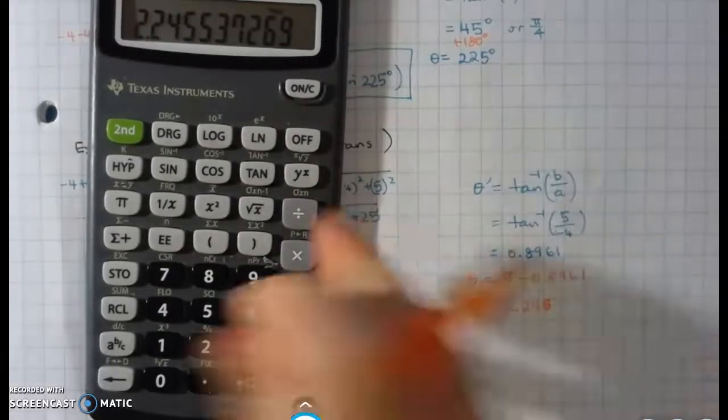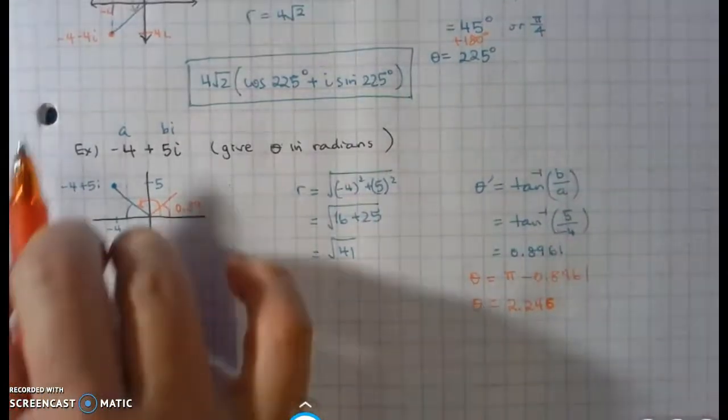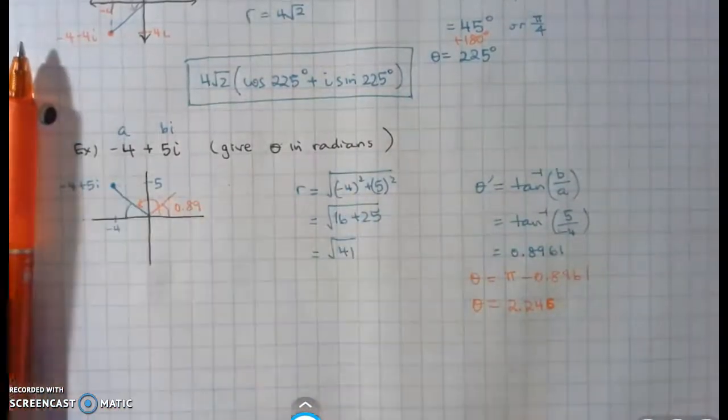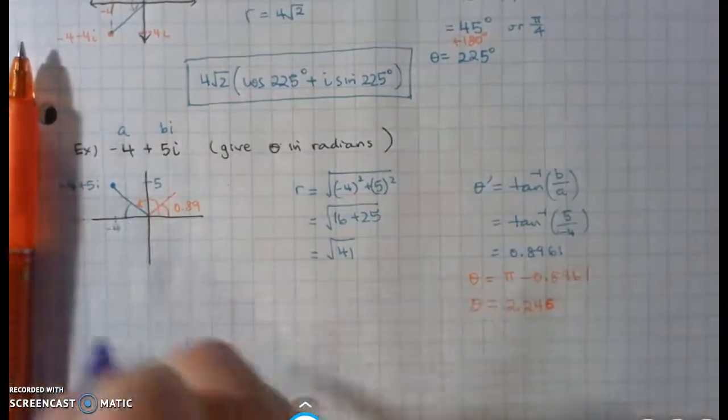Alright, so now that I have the radius and the angle measure, I can say what the polar form of this complex number is.